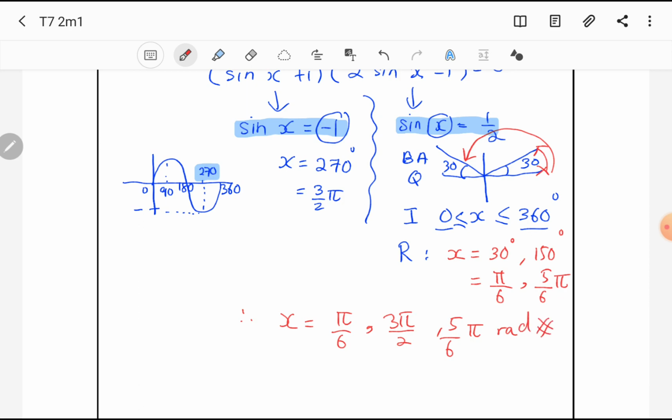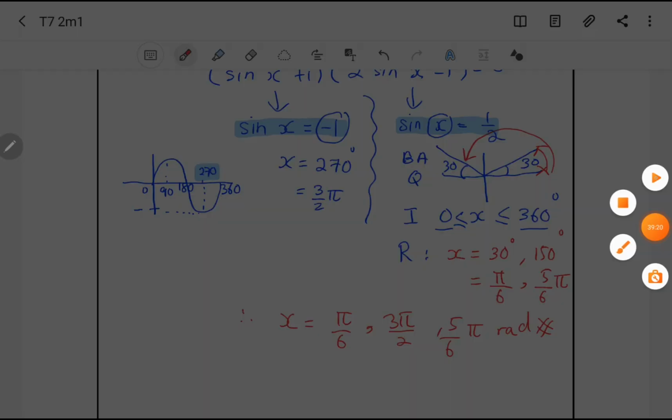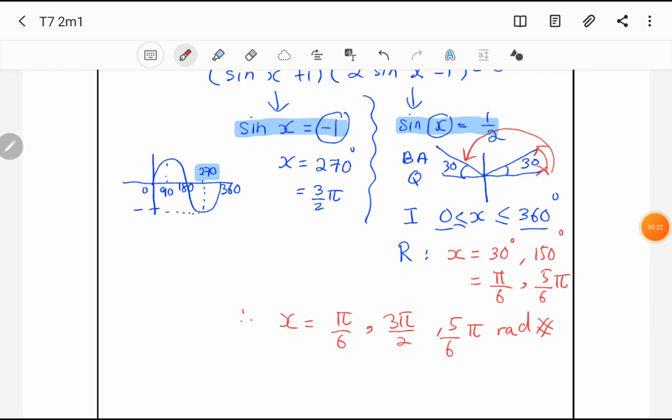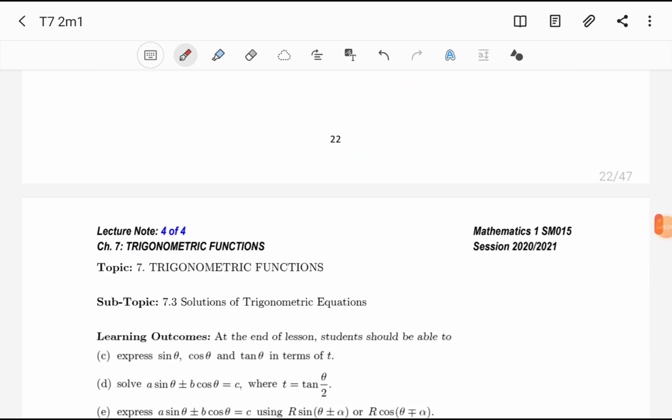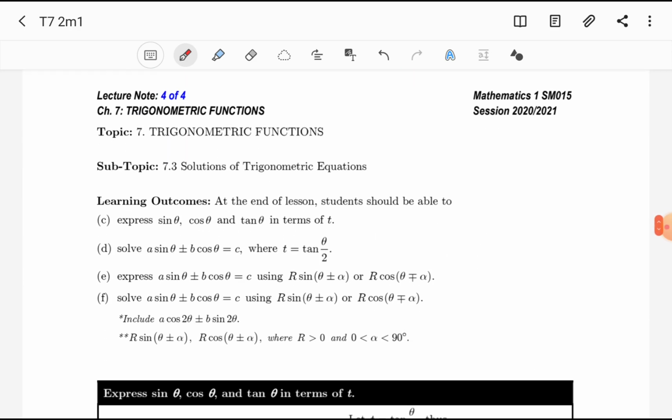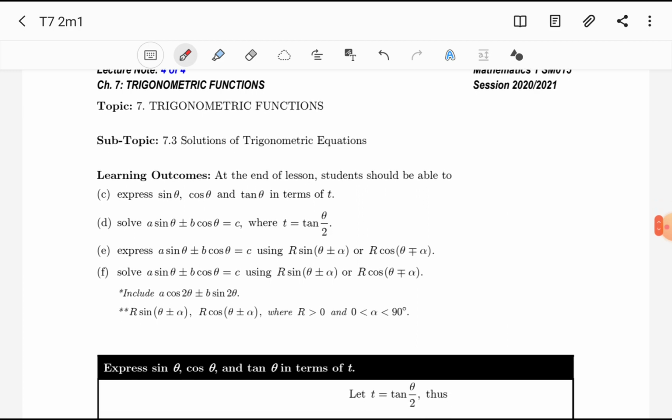Okay, so this is the final answer in radian. Okay, now kita akan sambung. Okay, the third case. Okay, the third case when we have the equation in the form of A sin theta plus minus B sin theta.